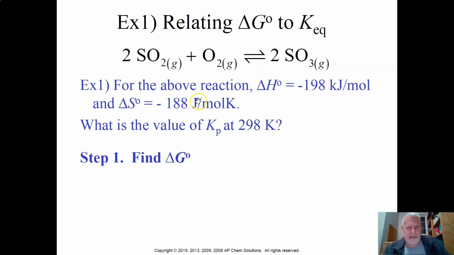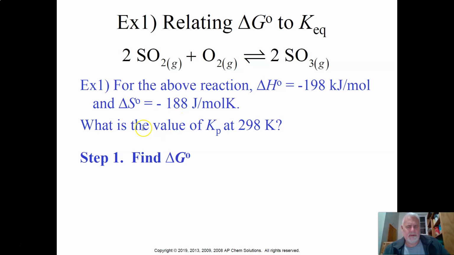Now, something like this: the delta H is negative 198 kilojoules per mole, and the delta S is negative 188. What is the value of Kp at 298 degrees Celsius?